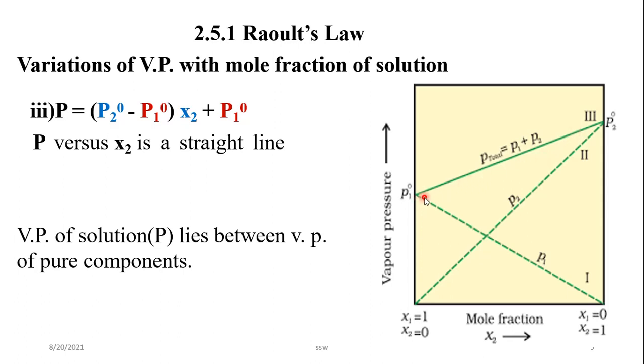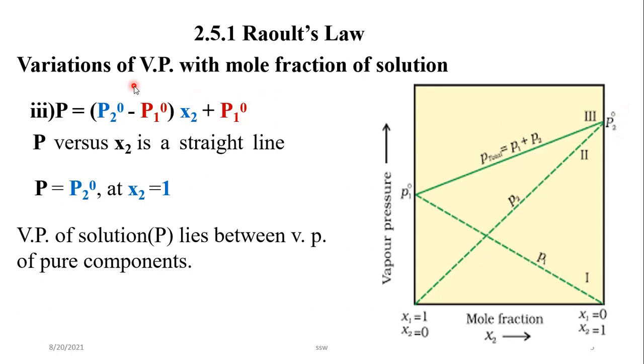P versus x2 is a straight line. How? That I will explain here. Now when x2 is equal to 1, then P is equal to P2 0.